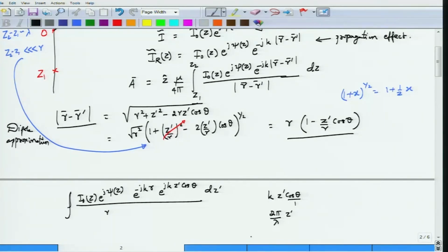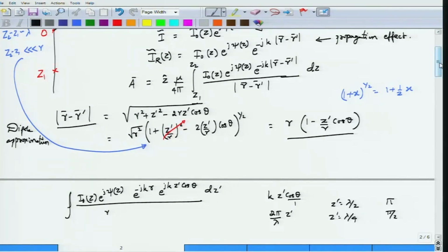And this factor e to the power j k z prime cos theta is actually the propagation factor on the antenna wire. If you go to z prime equal to lambda by 2, the phase k z prime cos theta, assuming cos theta equal to 1, will be equal to pi. Or if you go to z prime equal to lambda by 4, the phase would be equal to pi by 2.